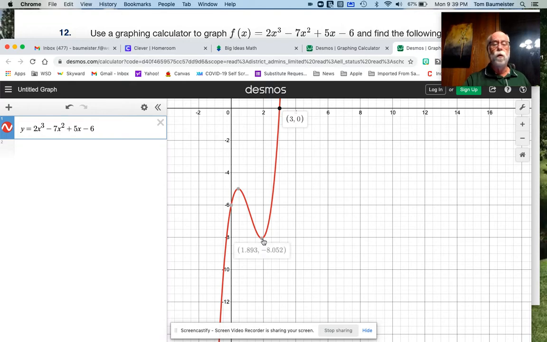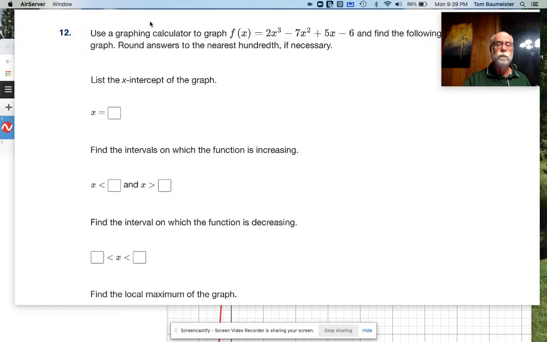And here's our local minimum, and here's a local maximum. And I don't really need this one here, all right? Because again, it's going to be asking us, well, which is our x-intercept? That one's an easy one to do. Our x-intercept is x is equal to 3.